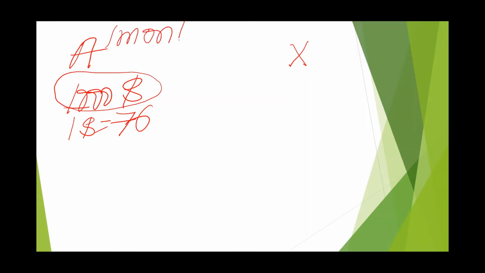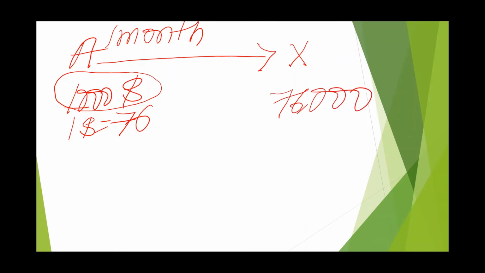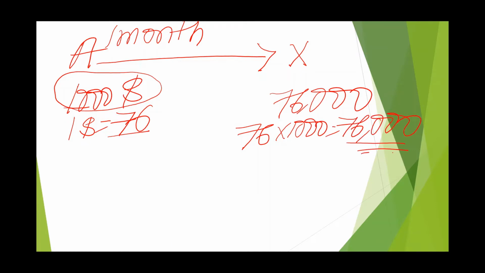So he is entering into a contract with X person saying that I am going to buy $1,000 next month. I will pay you 76 rupees because today the cost of $1 is 76 rupees. I am buying $1,000. So that means I need to pay 76,000 rupees after 1 month.